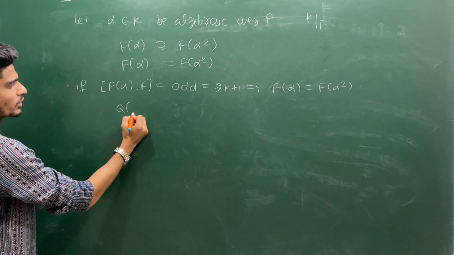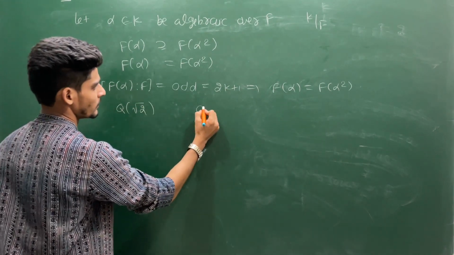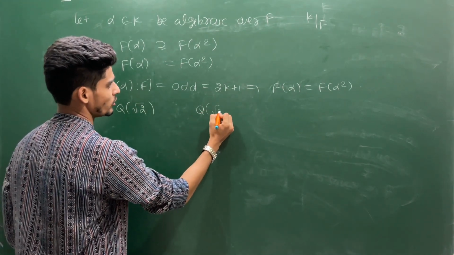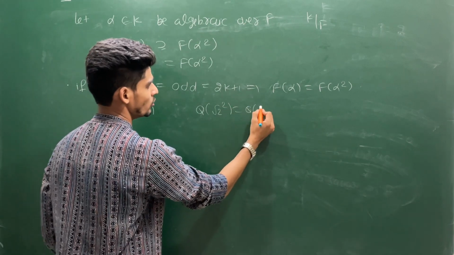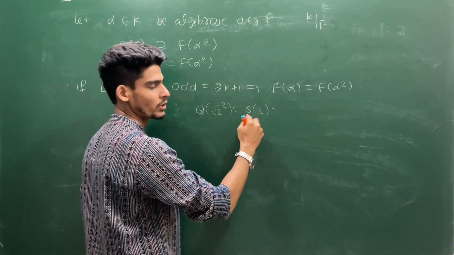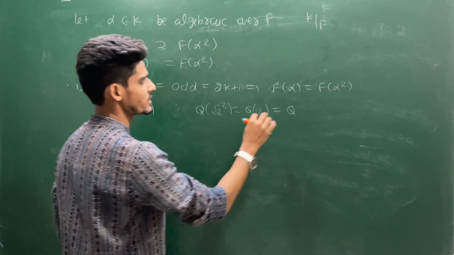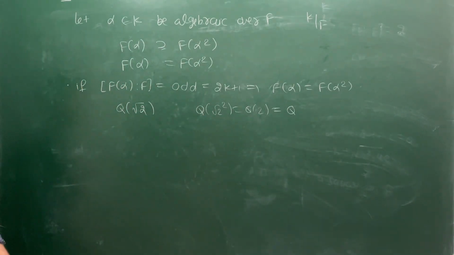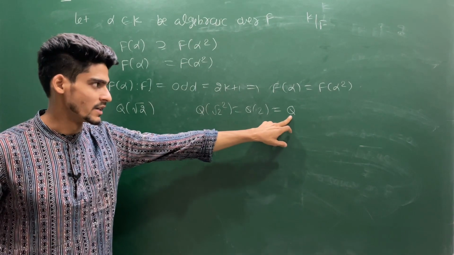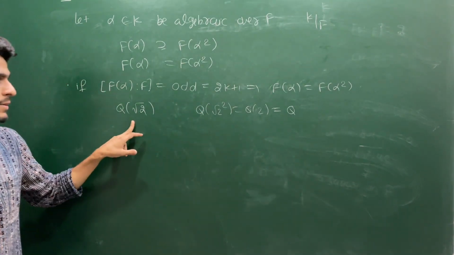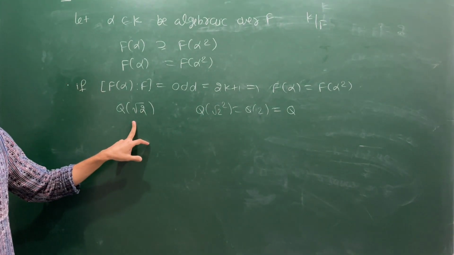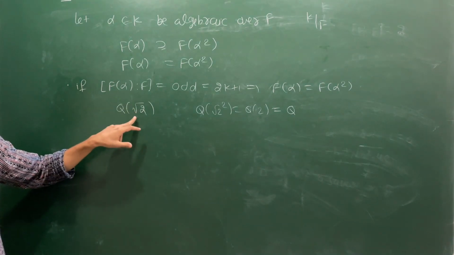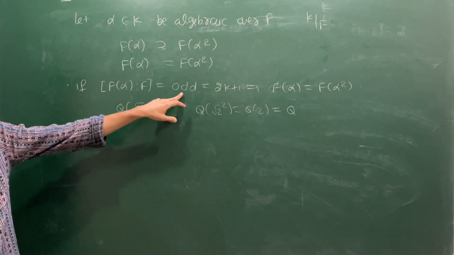Let me give you one particular example. Suppose you are looking at Q(square root of 2) and Q(square root of 2 squared), which is Q(2). But if you adjoin 2 into Q, you will not get any new structure, you will get Q itself. This and this both are different. This is not isomorphic to this. This has one dimension over Q, this has two dimensions over Q. Here you see the degree of extension of Q(root 2) over Q is 2, which is not an odd number.